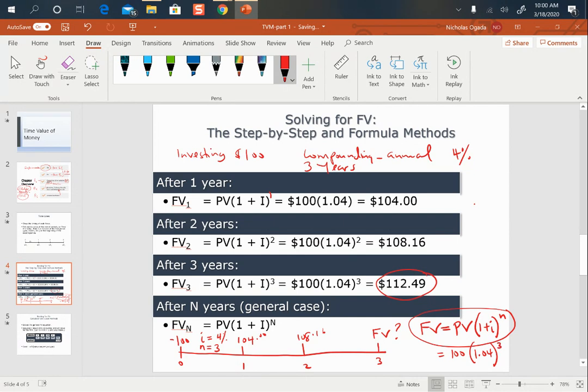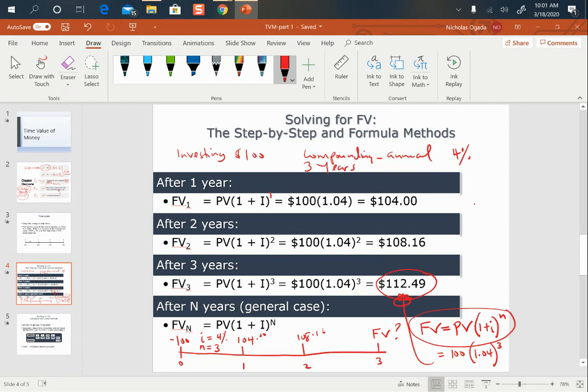If you're looking at how much you'll have at the end of 3 years, it's going to be 1.04 raised to 3, times 100. You'll find this to be the same value we have here, 112.49. Again, this can become a tedious process, even though using the formula is the best way.